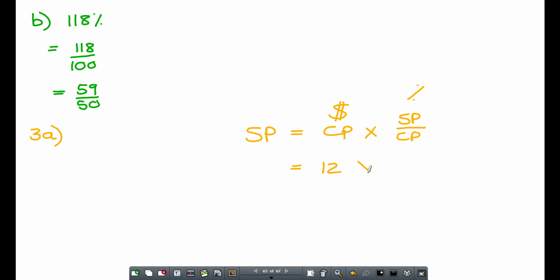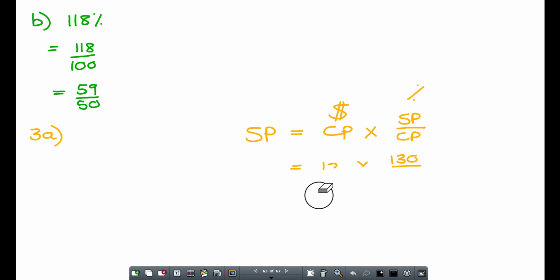Times selling price would be 130%, and cost price is always 100%. So it means that the price here would be 15 Rand 60.